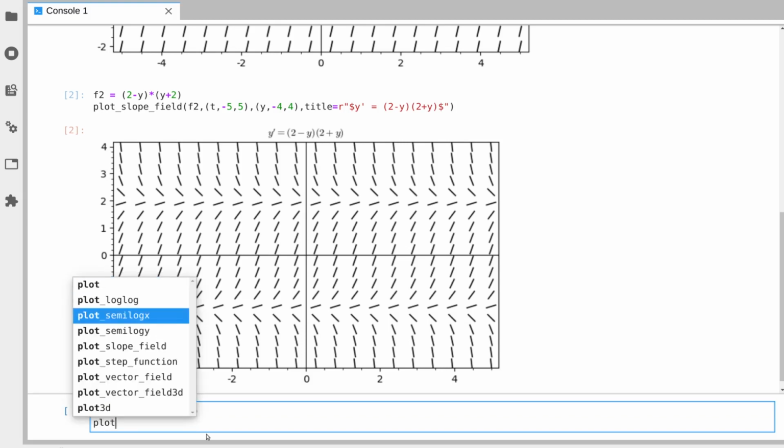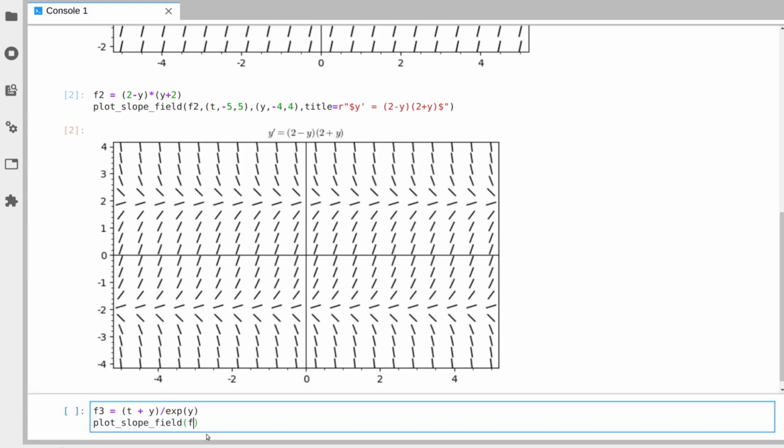So plot slope field again. We'll do the same window, but t from -5 to 5, and then y from -4 to 4.